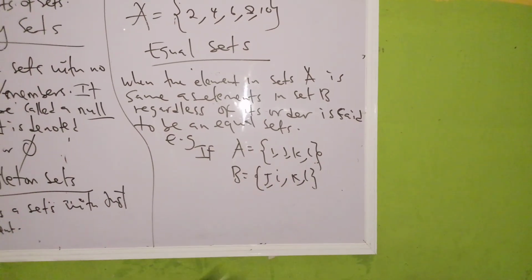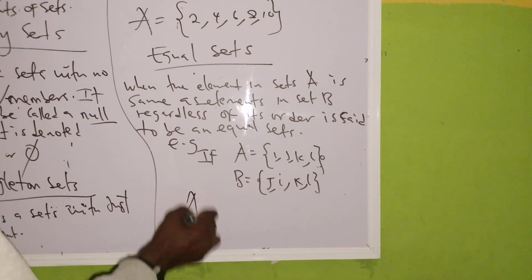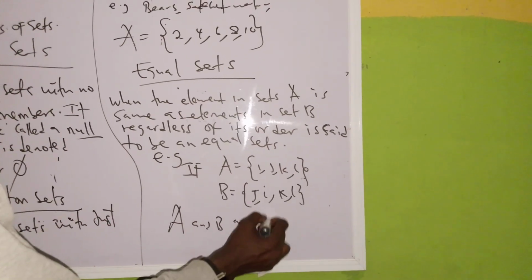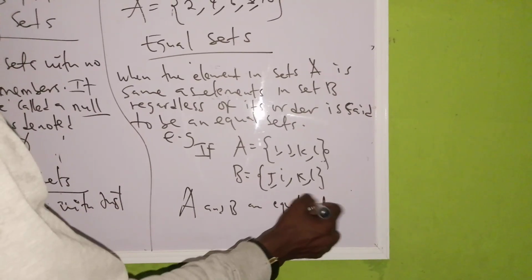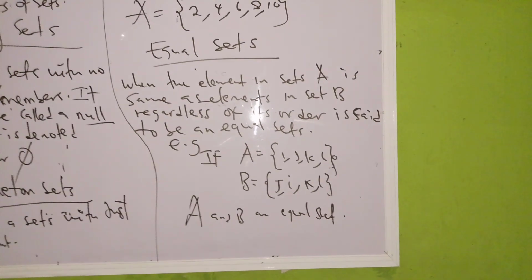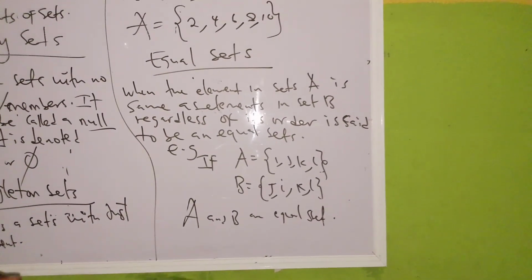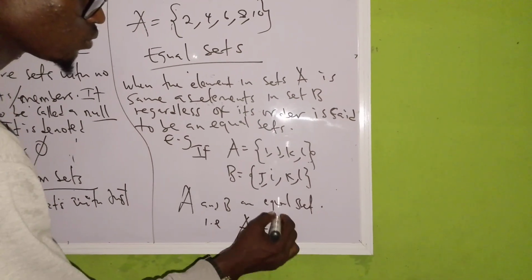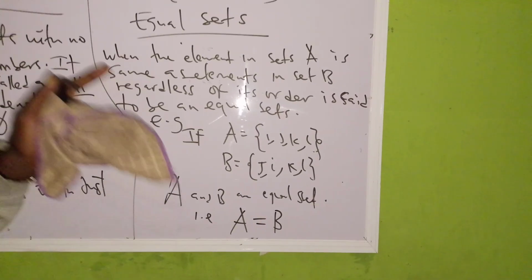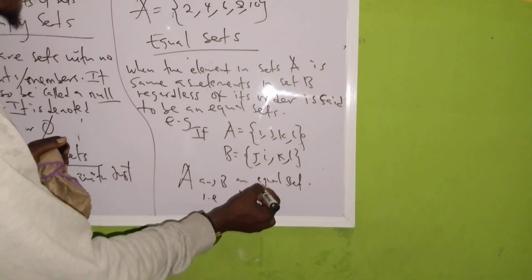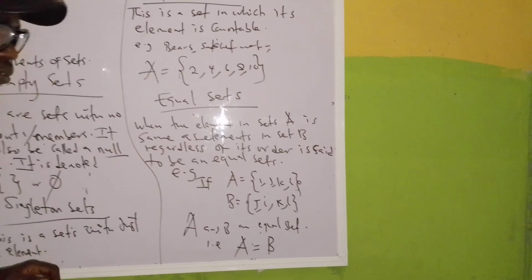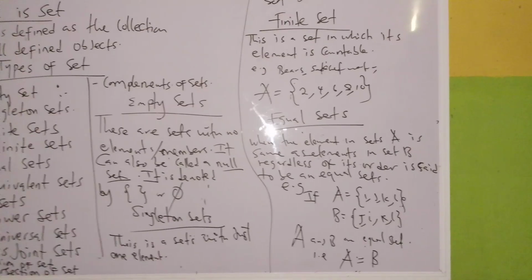So regardless of the order of the elements, A and B are equal sets. I believe you understand what I mean by equal set. Mathematically, you can express it as set A is equal to set B. Simple as that. If it's not equal, you just cross this. But so far as it is equal, you just put this. So that's the final answer about that.